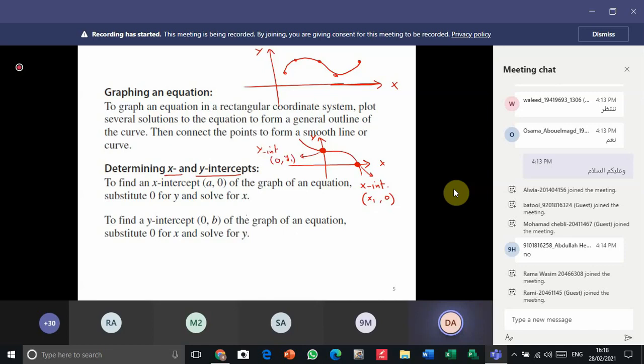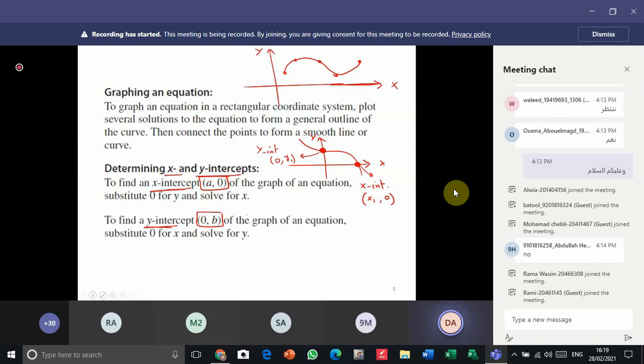In the x-intercept, the y coordinate equals 0. So the x-intercept is always (x, 0), but the y-intercept always has x coordinate 0, so it is (0, y).